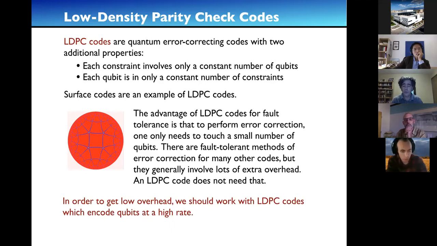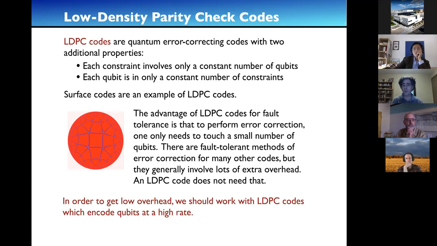So surface codes are actually an example of an LDPC code because they have local constraints in 2 dimensions. And so that means that any one qubit is only in constraints with the qubits that are near it. So that's a limit to the number of constraints you have on each qubit and a limit to the size of each constraint.